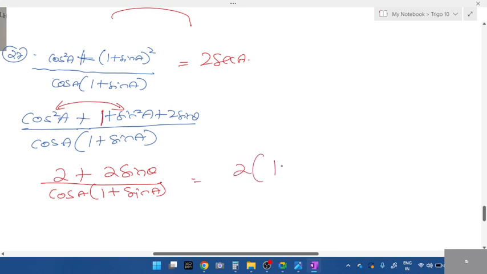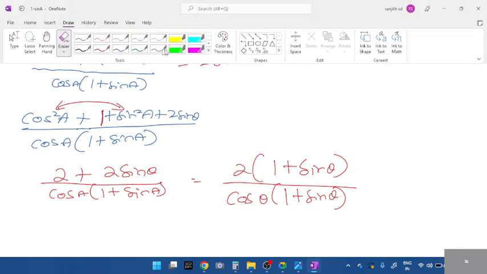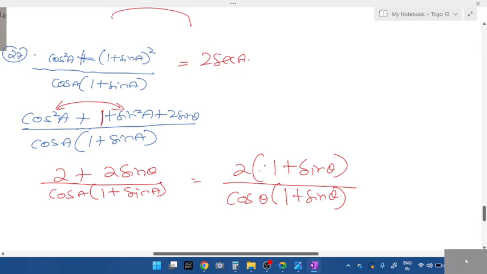Okay, 2 is common, 1 plus, what's the value, students? Sin A. Yes, Ruth, can you see in between 2 and 1, what's the sign in between? If there is no sign, it is multiplication, right? Then you can cancel it. In between 2 and sin A, there is no sign, students. It means multiplication. Then you can cancel. 2 cos A.